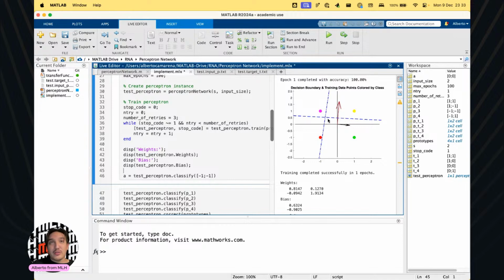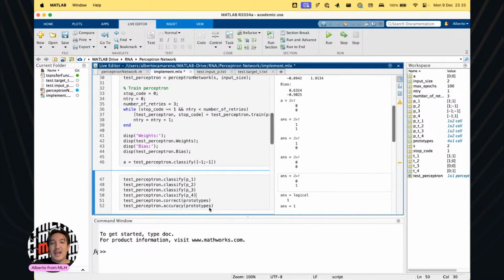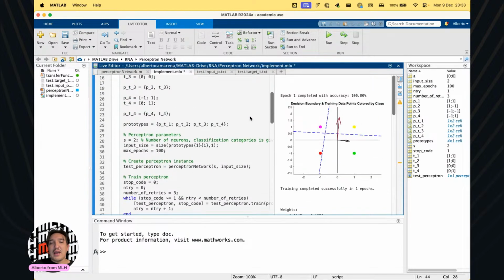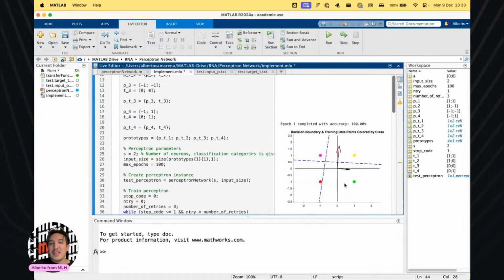And this is another solution, and it is as valid as the previous one, since we only have these 4 training prototypes. Now, based on this, I could start playing to classify different data. So this section here will be classified as 1 1. This section here is going to be classified as 1 0. This here is going to be 0 0, and this is going to be 0 1.